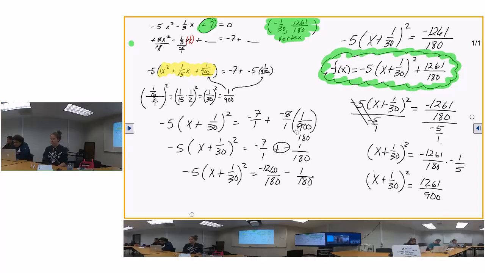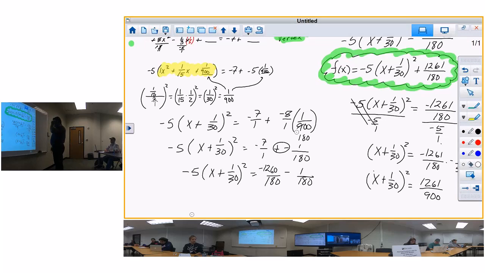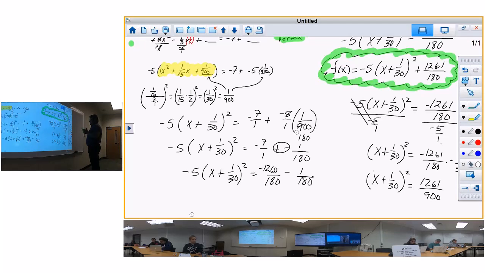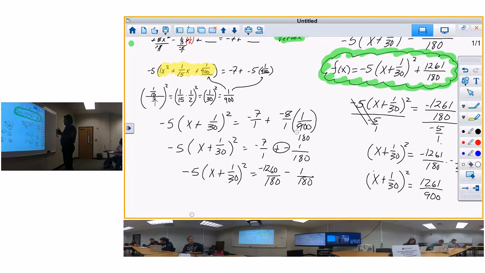Now, let's see. 10 times 10 is 100. 20 times 20 is 400. 30 times 30 is 900. 40 times 40 is 1,600. So the square root of 1261 is what?